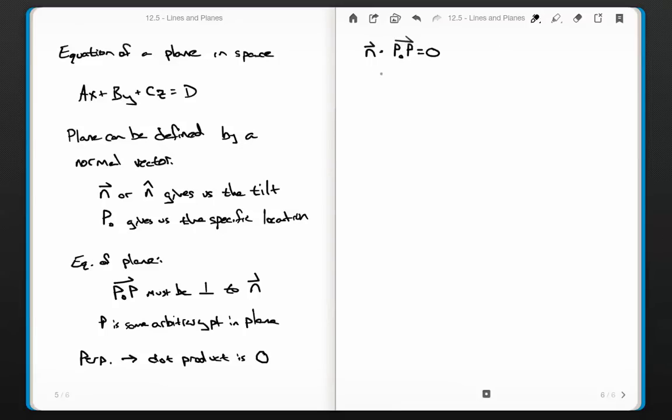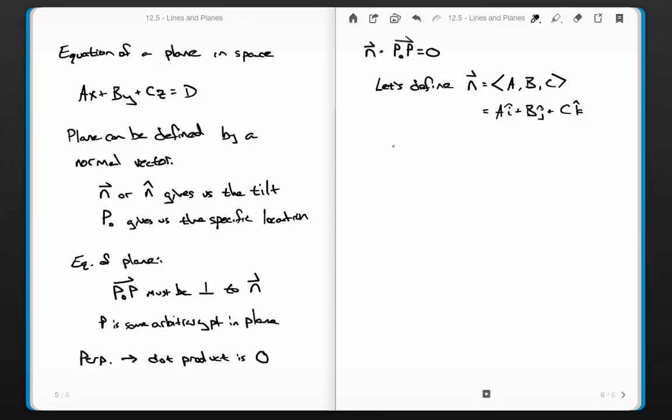So let's define our n vector as, how about just a, b, c, I think is what the book does. A, b, c, or we could call this ai plus bj plus ck. So then the dot product of that with this P, right?